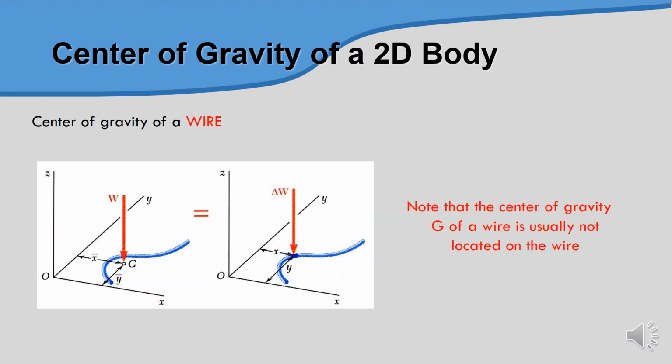Okay, the center of gravity of a wire is also something like this. Note that the center of gravity G of a wire is usually not located on the wire, but is offset from the wire line. So in order to get the value of center of gravity for the wire, the previous formula can be used.